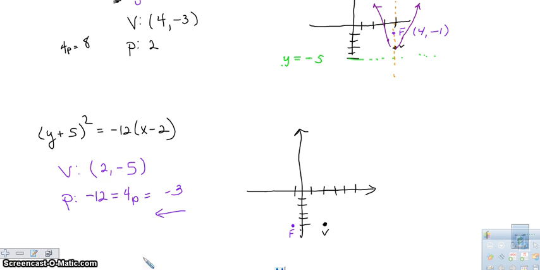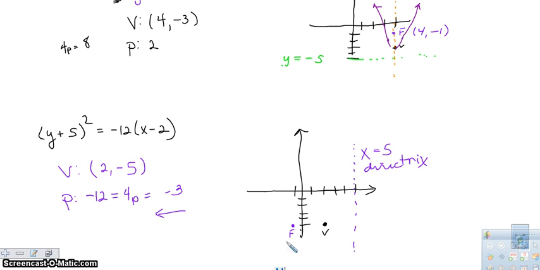And my directrix is going to be 3 in the opposite direction of the focus. So 1, 2, 3. And now this time, since my focus and my vertex are on a horizontal line, my directrix is right here. Okay, and that line would be x equals 5. So that's my directrix. And make sure when you're graphing these you label.